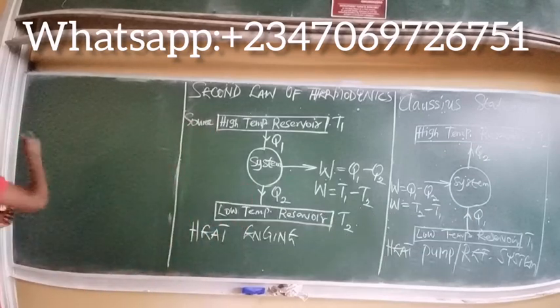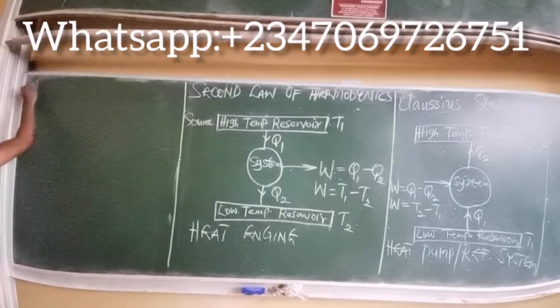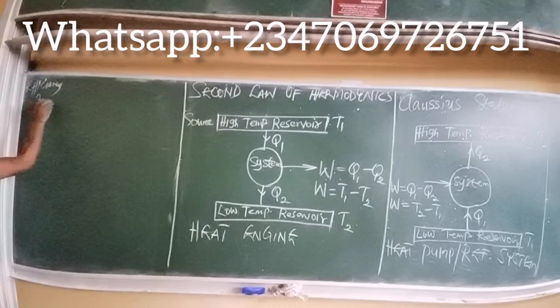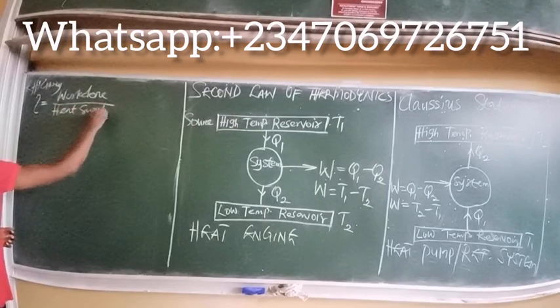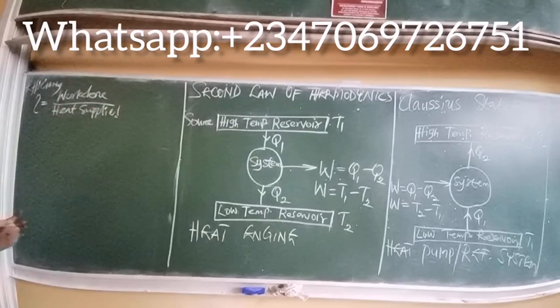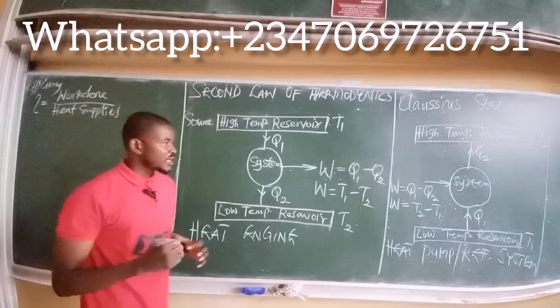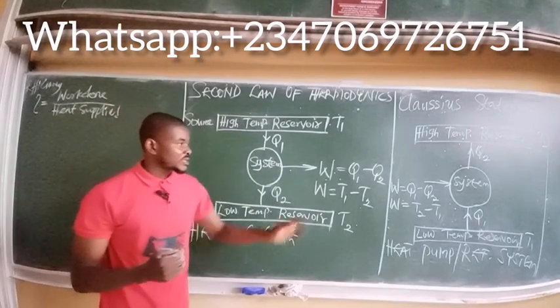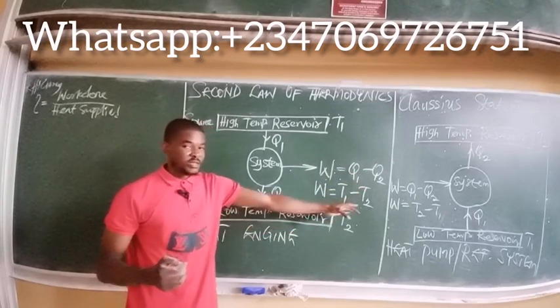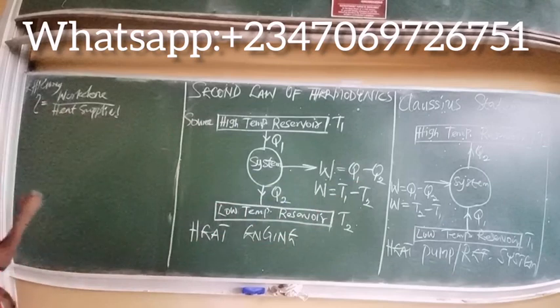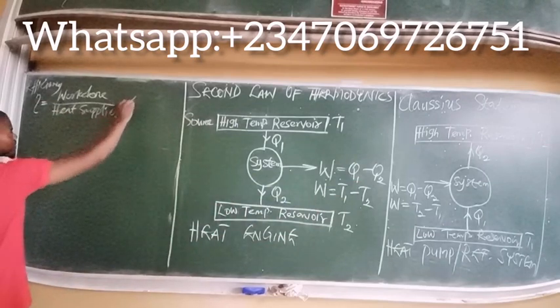So efficiency is simply work done over heat supplied. If we examine the heat engine, that work done has two formulas: the initial heat minus the final heat, and the initial temperature minus the final temperature. Please always multiply by 100%.